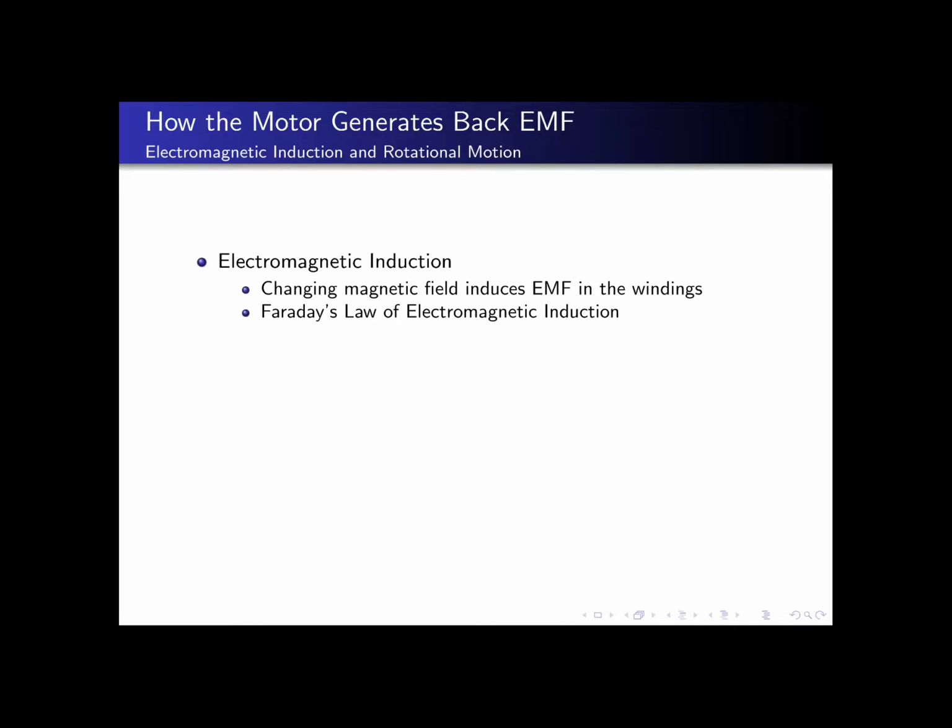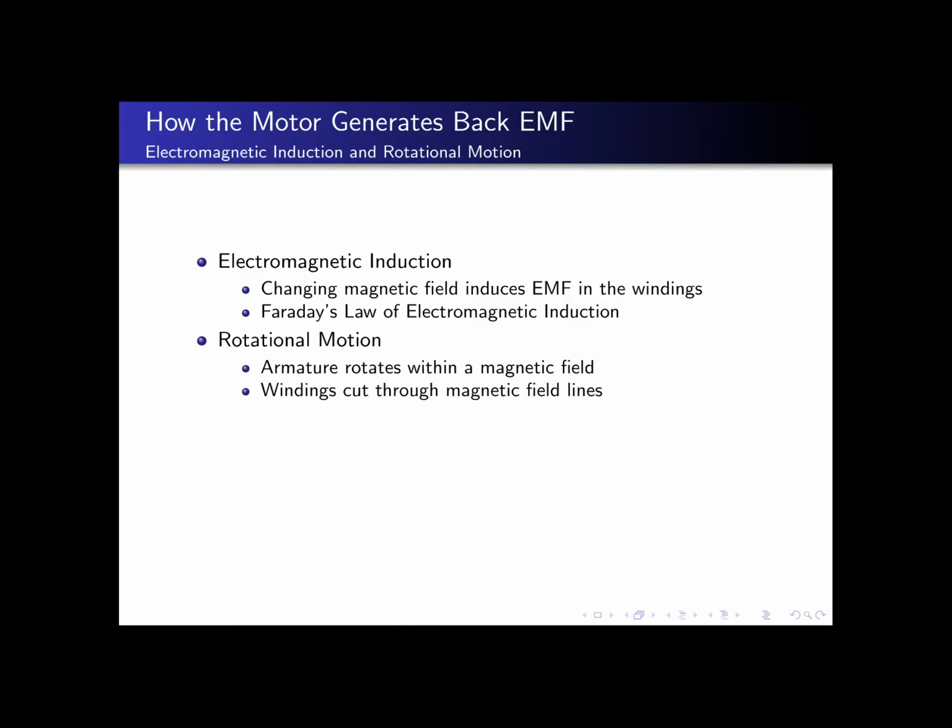So let's talk a little bit about back EMF. This might not be familiar to some of you. It's based on electromagnetic induction and rotational motion. So the changing magnetic field induces an EMF in the windings. And this is governed by Faraday's law of electromagnetic induction. The rotational motion, however, rotates the armature within a magnetic field, and so the windings also cut through magnetic field lines.